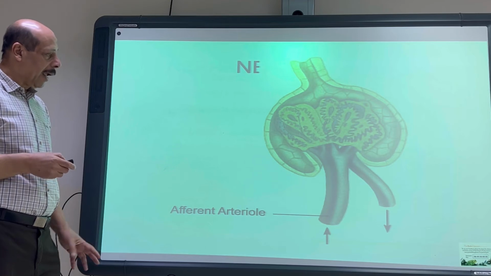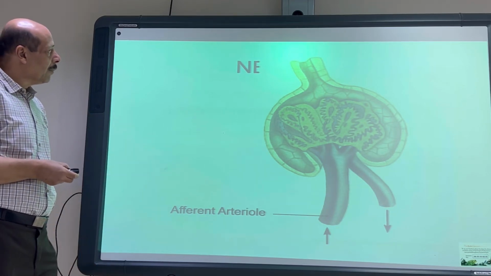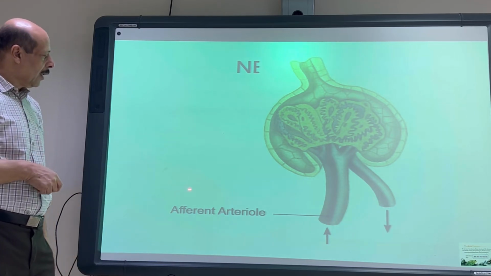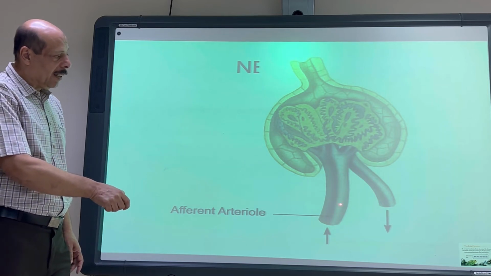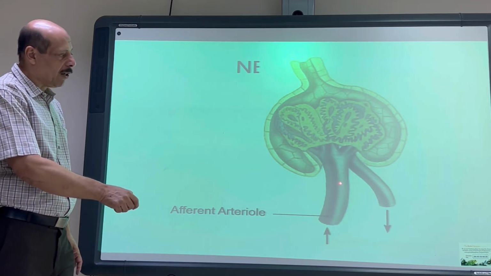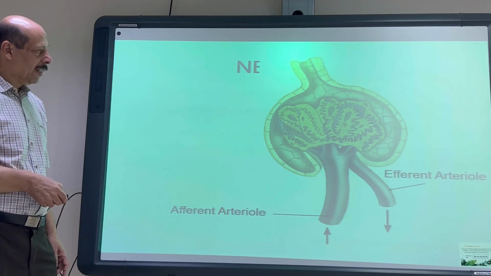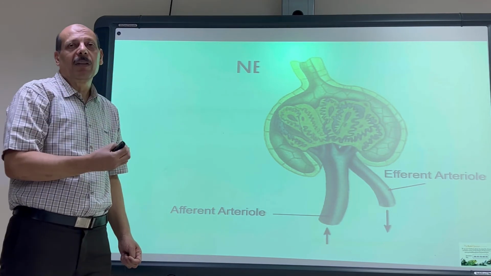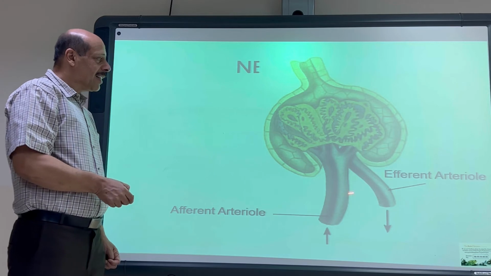So again, in the nephron, this is the glomerulus, this is the afferent arteriole. See the difference between the size of the afferent and the efferent arterioles. The afferent is coming in, the efferent is coming out. So the size is different.